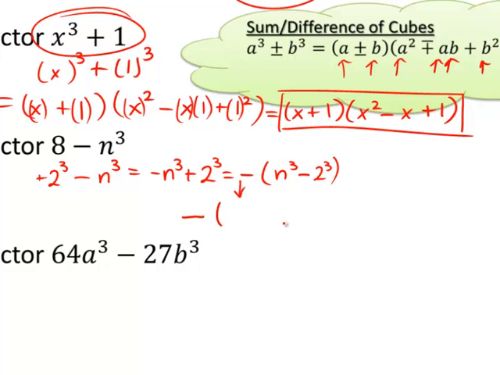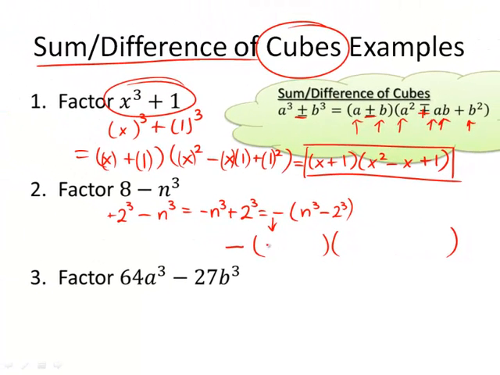So the negative stays outside, and we're going to have the negative version, which is the bottom row. So that's going to be a minus b, and then a squared plus ab plus b squared, and our a is our n, and our b is our 2.